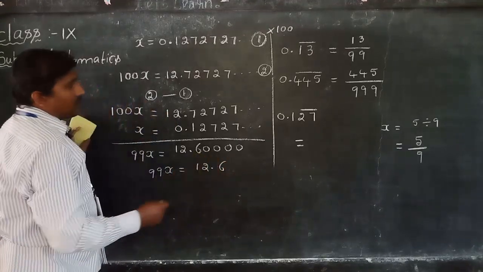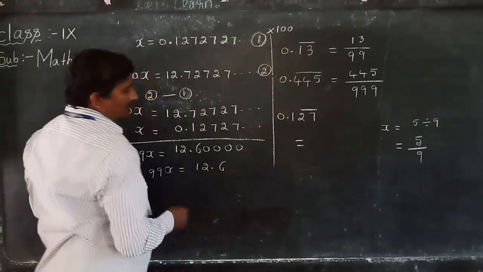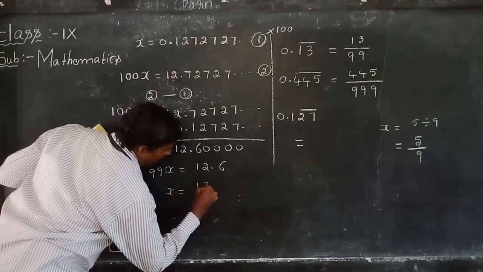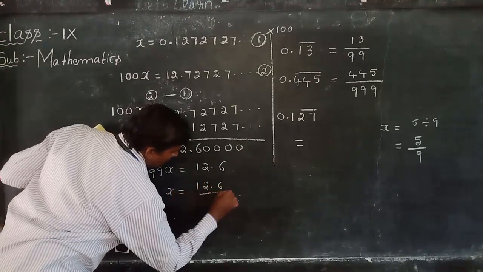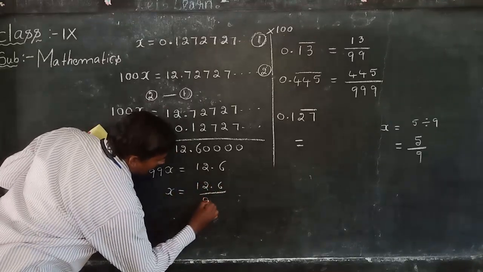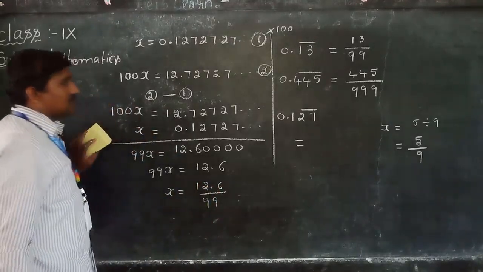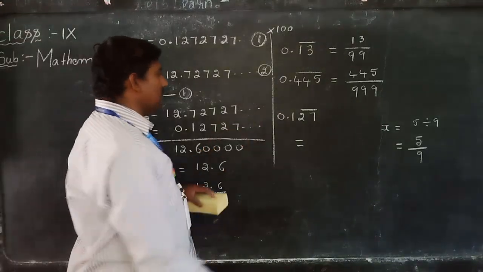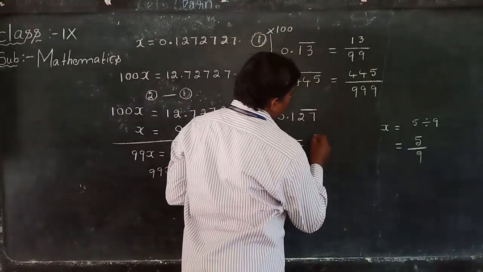Already we discussed multiplication, when it goes to the other side it becomes division. So x is equal to 12.6 by 99.